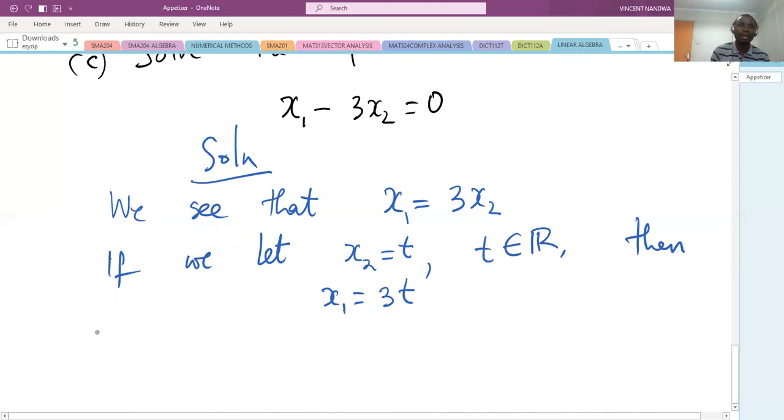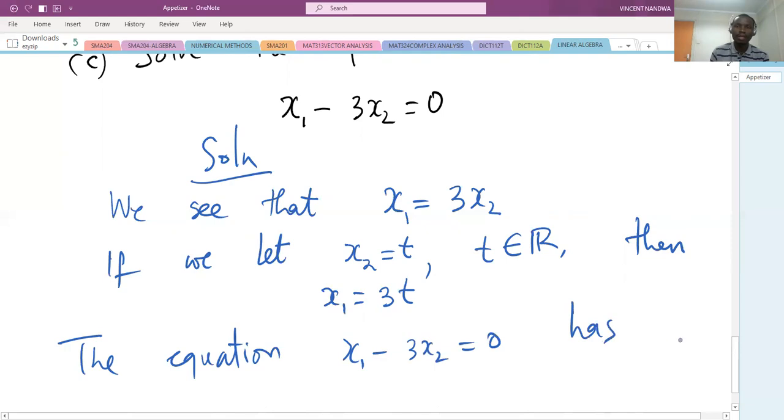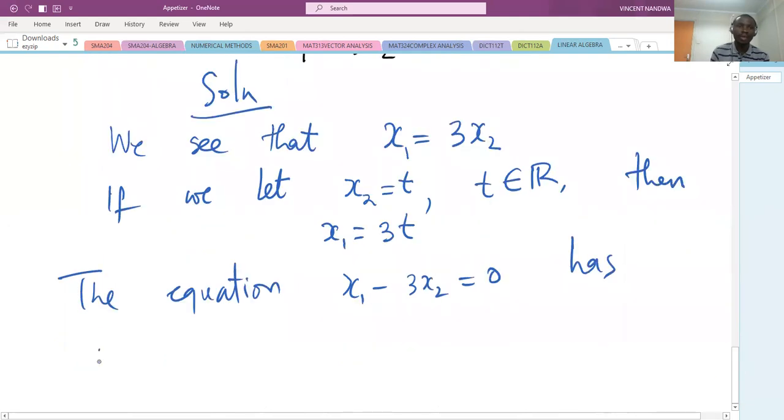Hence we say the equation x1 minus 3x2 equals 0 has infinitely many solutions.